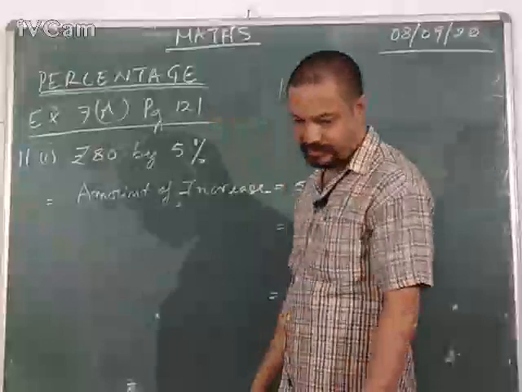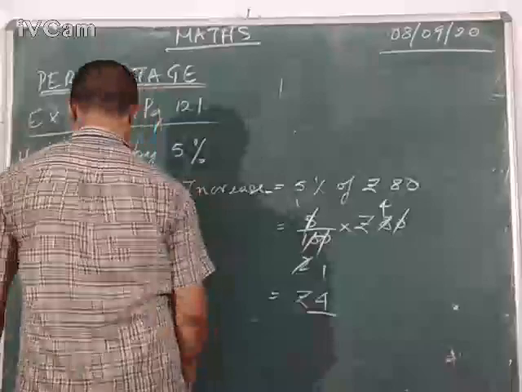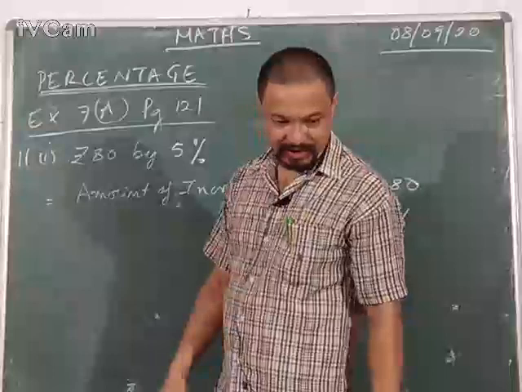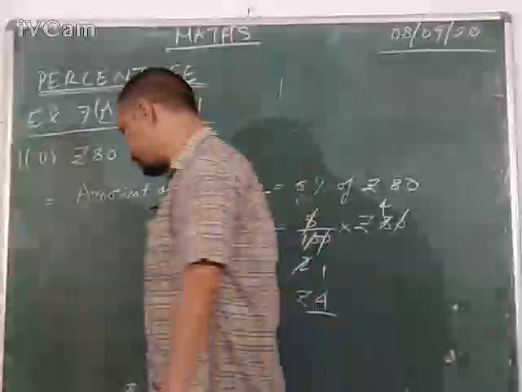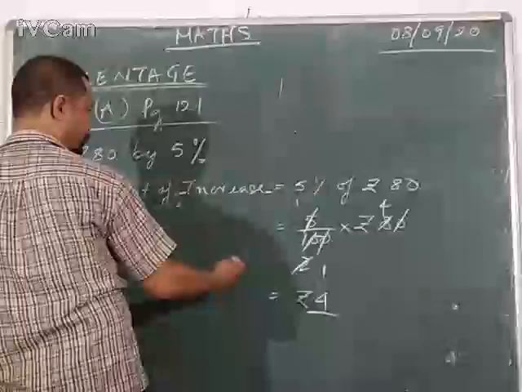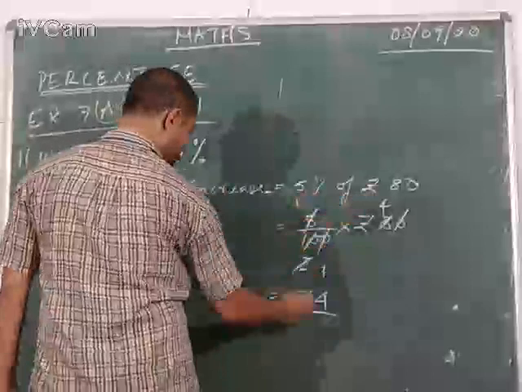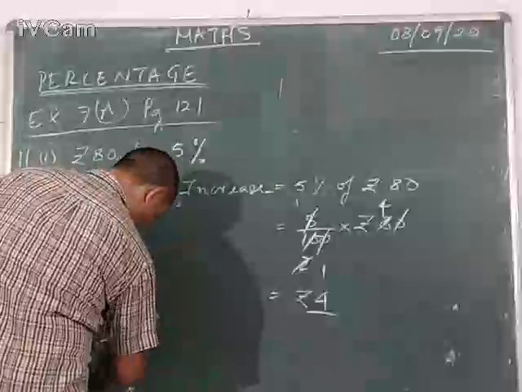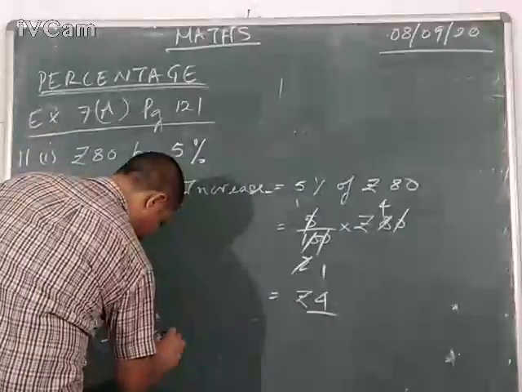Now the increased amount. It says increase rupees 80 by 5%. 5% of 80 is rupees 4. So what will be the new amount after the increase?